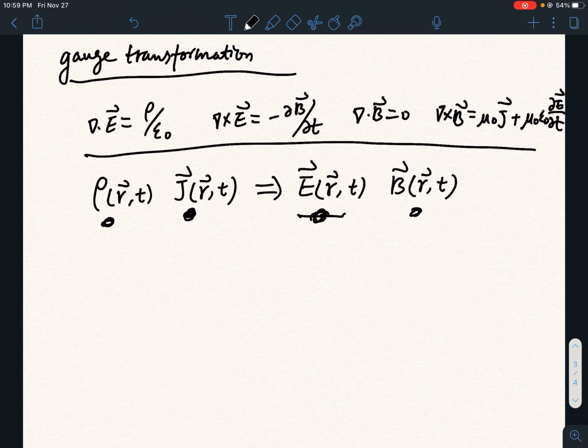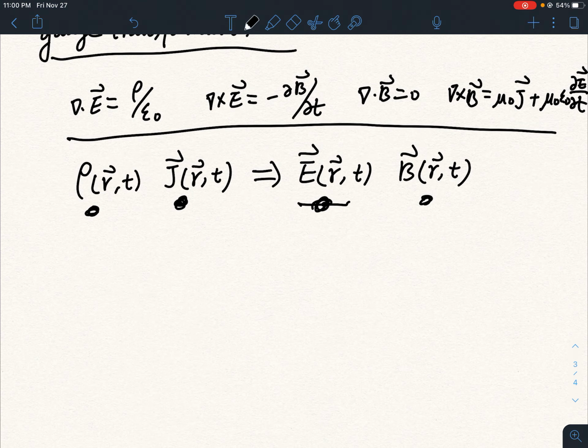Remember that for the electrostatic case, we introduced a potential function, a scalar function, which we call the scalar potential. For magnetostatics, we introduced a vector potential. Now we want to see if we can make the calculations easier.